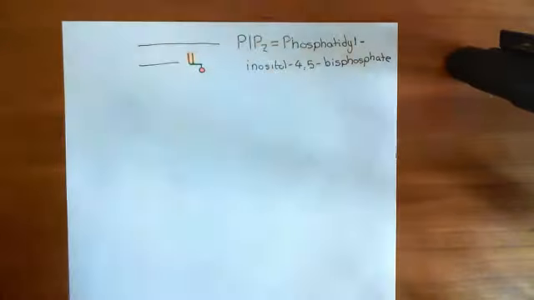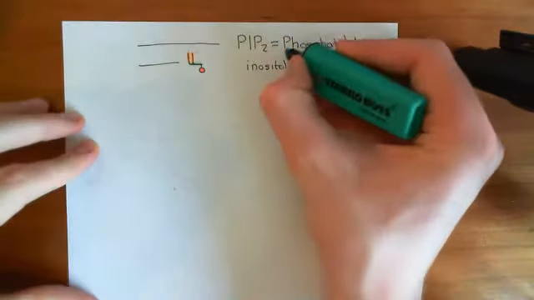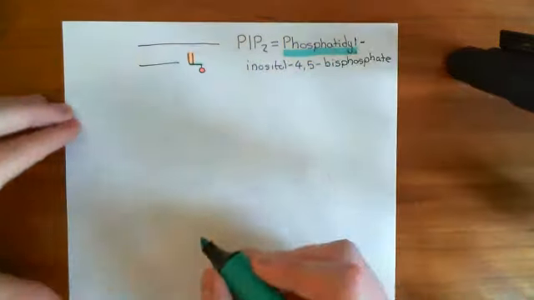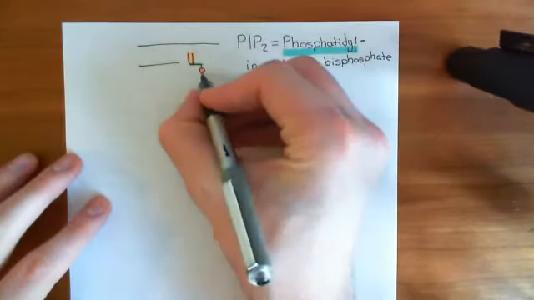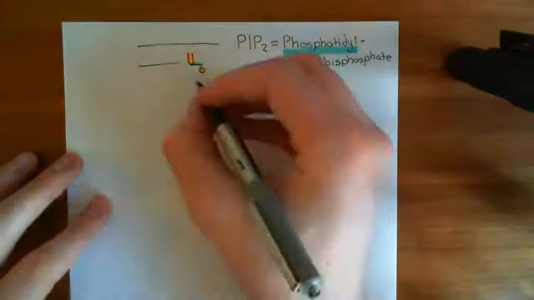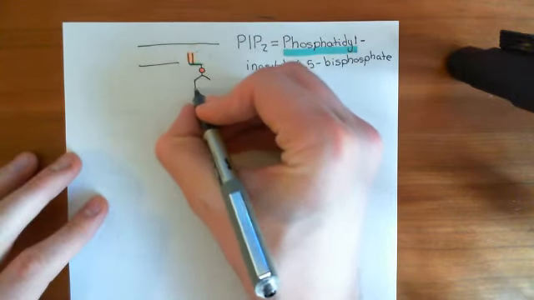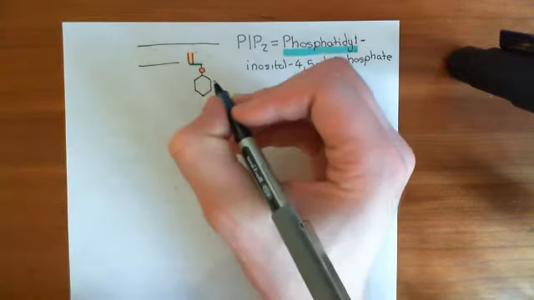This is the phosphatidyl portion of this name. Phosphatidyl basically just means that you have stuck a phosphatidate molecule onto an inositol molecule. Okay, so basically, to turn this into phosphatidyl inositol, what you do is you stick an inositol ring off the phosphate group of the phosphatidate molecule.